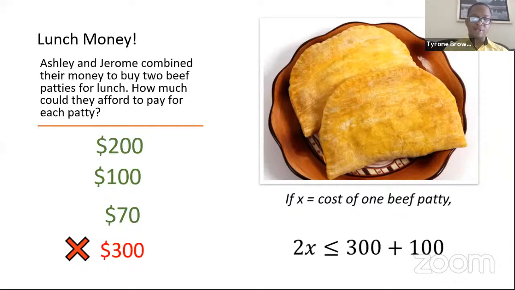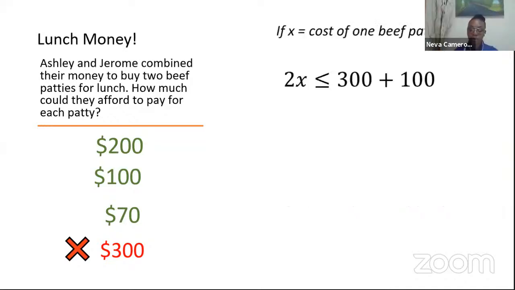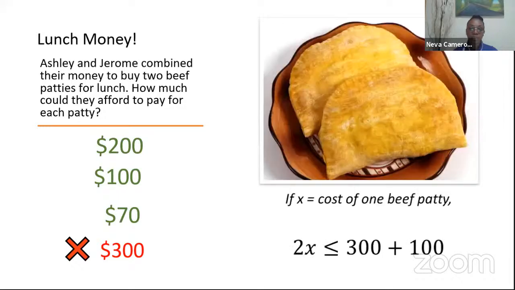2x, where x is the cost of one patty, would be less than or equal to 300 plus 100. All right, sir, what if the total cost of the patties was $300? Because I see where Antonio is asking that, that could have been the total.